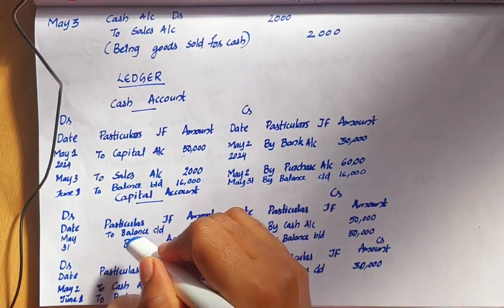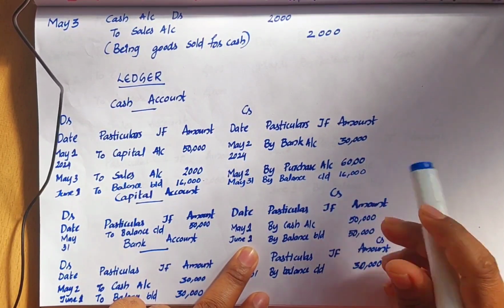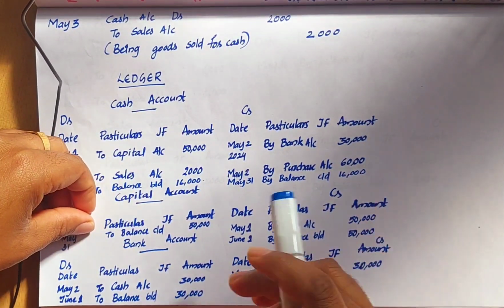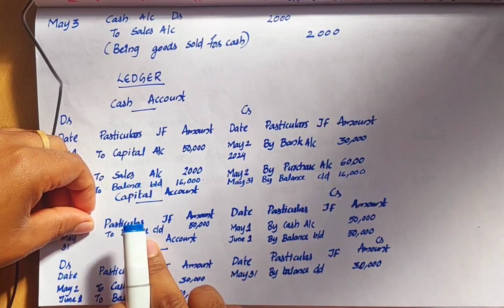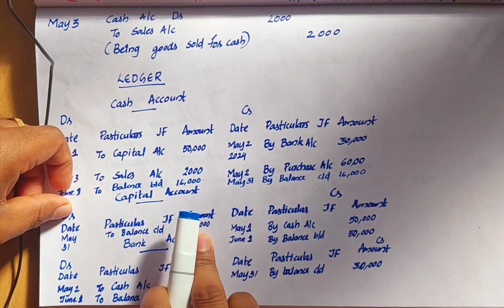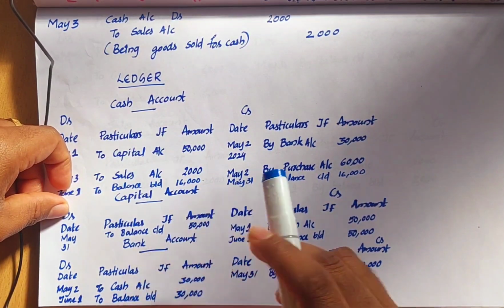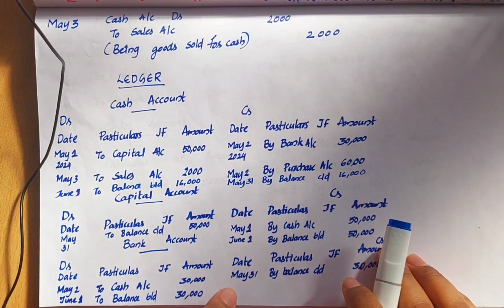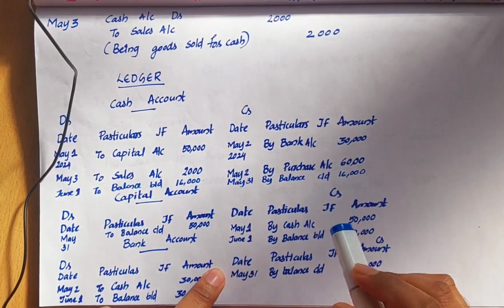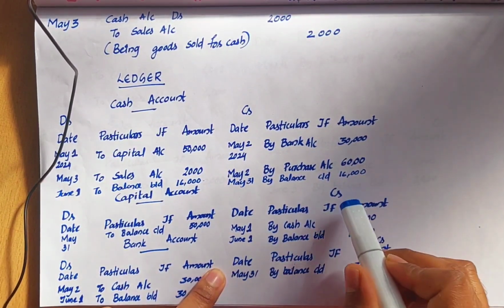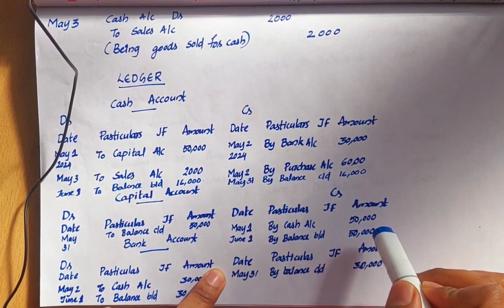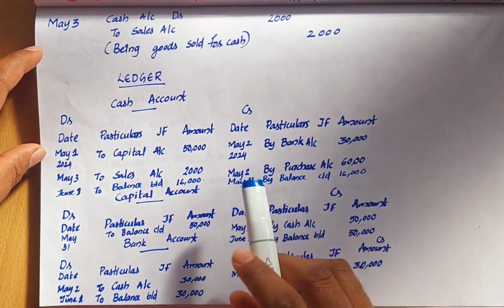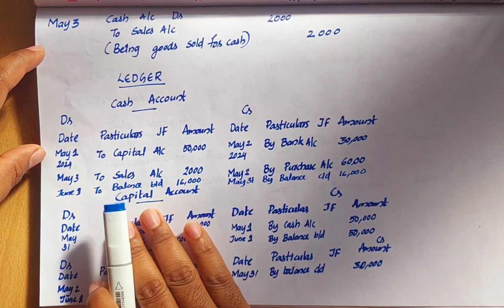Now we need to balance this. Only the credit side has 50,000, so for balancing we will write to balance carried down 50,000 on the debit side, on May 31st. And on June 1st we will pass an entry on the credit side by balance brought down 50,000. Okay, so this is the ledger for capital account.